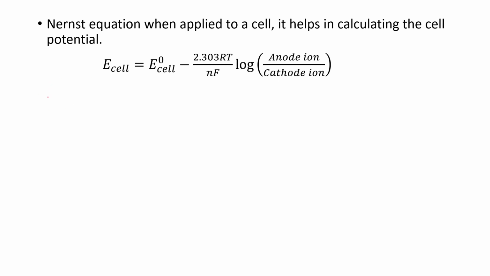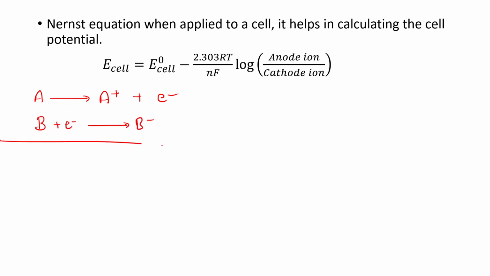Let me tell you one more time. Let's say you have a reaction A giving A plus and an electron. This is the oxidation reaction. B taking an electron is converting into B minus. In the overall reaction, you have A plus B giving you A plus and B minus.